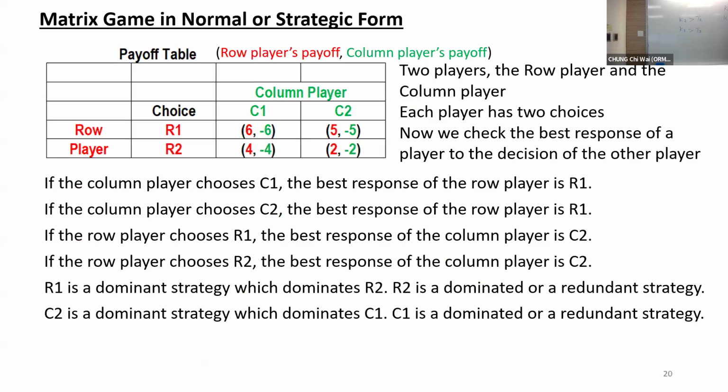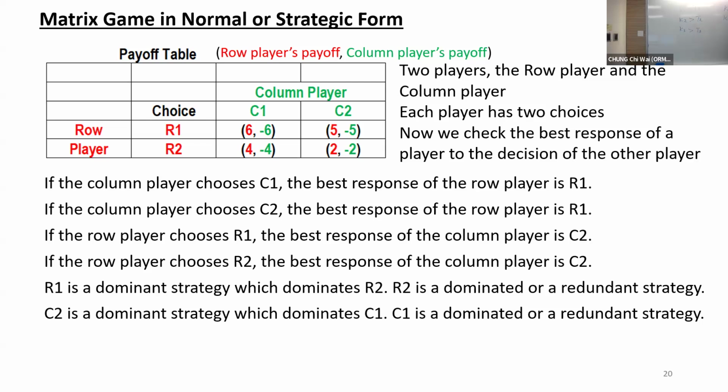Consider this other example in normal form. There are two players, namely the row player and the column player. The row player can choose one of two strategies, R1 or R2. The column player can choose either C1 or C2.